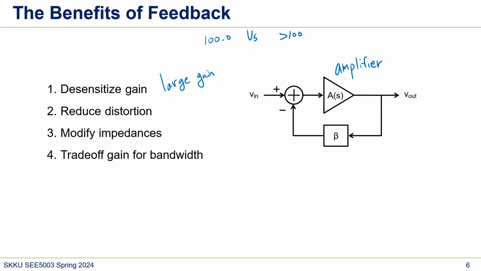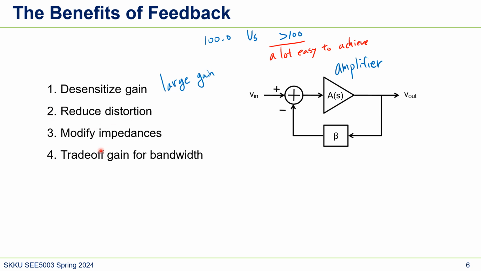The difficulty to achieve this is a lot easier, right? Achieving exactly 100 gain is really hard. It's almost impossible, of course, because of the PVT variation. So that's a good part.